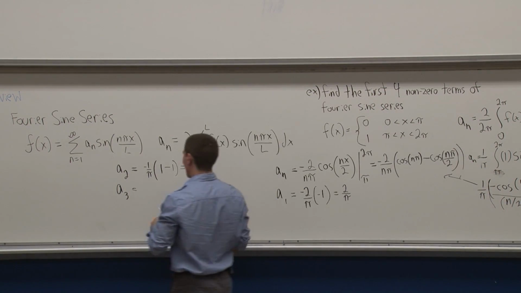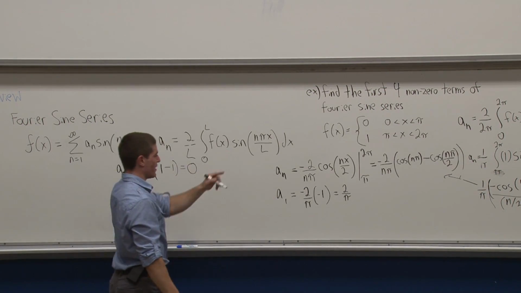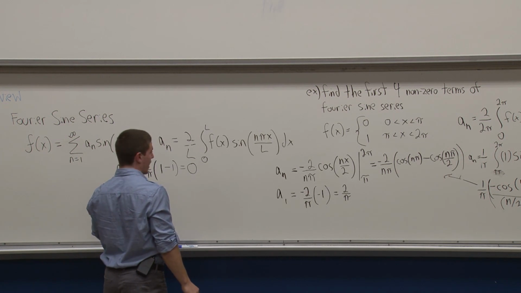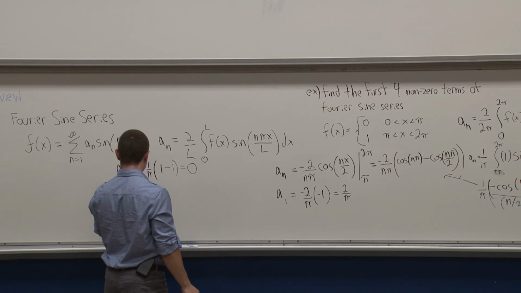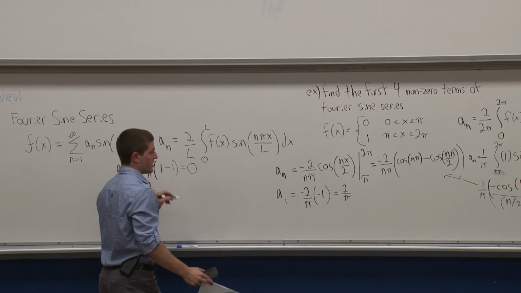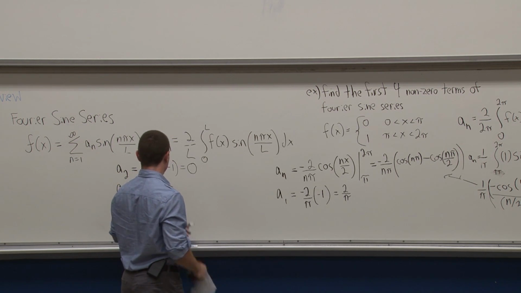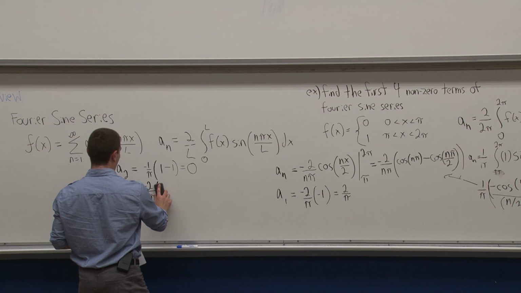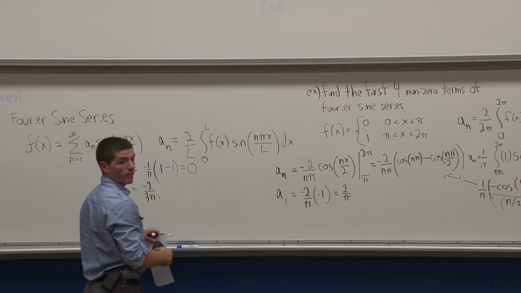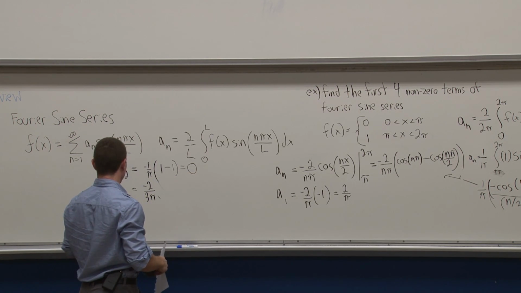All right, so now we just plug in 3. I'll go a little faster. Negative 2 over 3 pi. Cosine of, well, we know what that is.